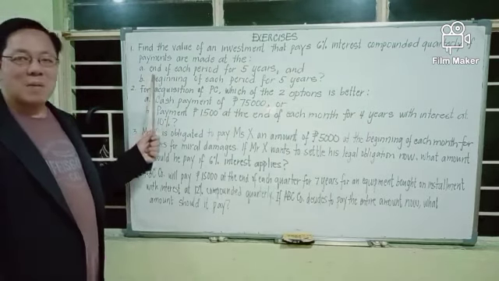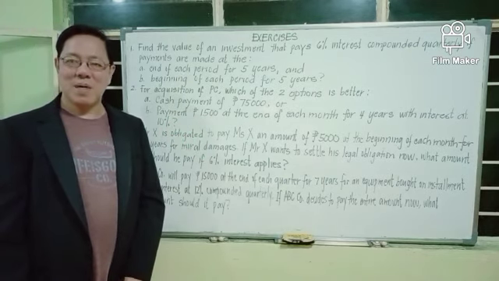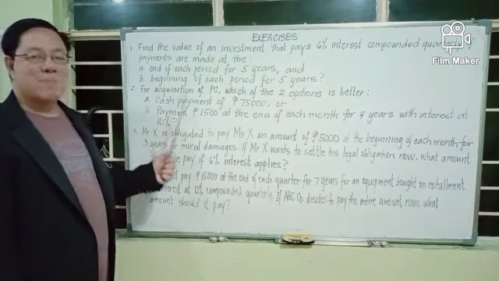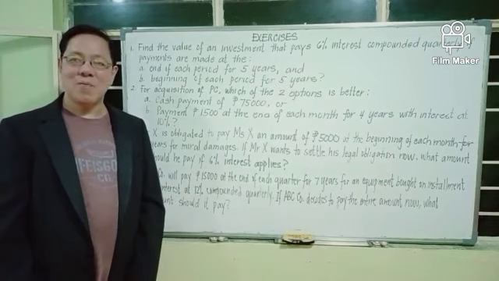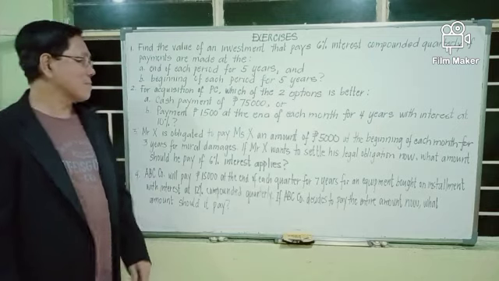In letter A, the payments are made at the end of each quarter, at the end of each 3 months. In letter B, the payments are made at the beginning of each quarter or the beginning of every 3 months.